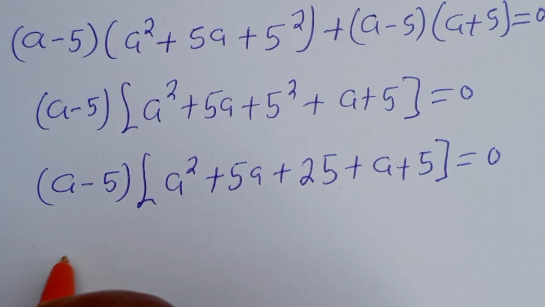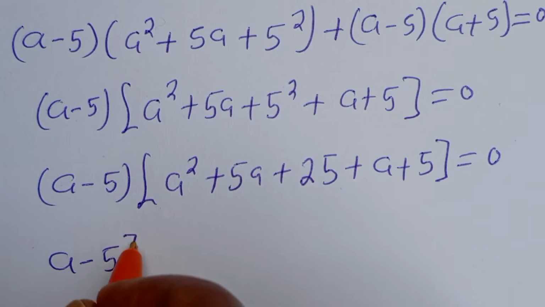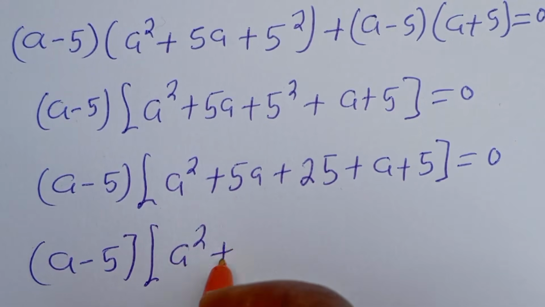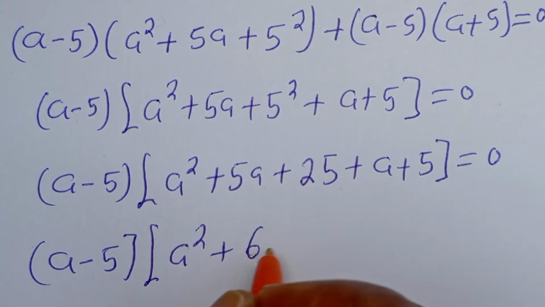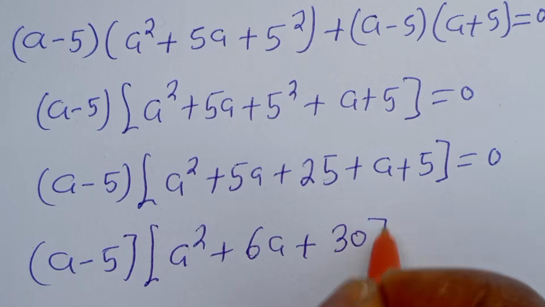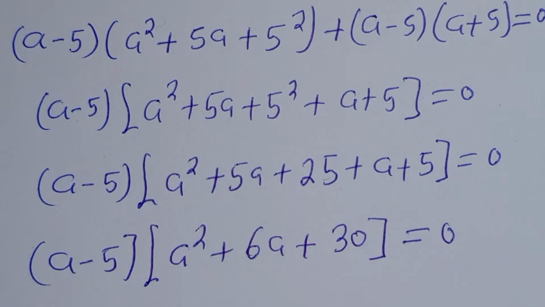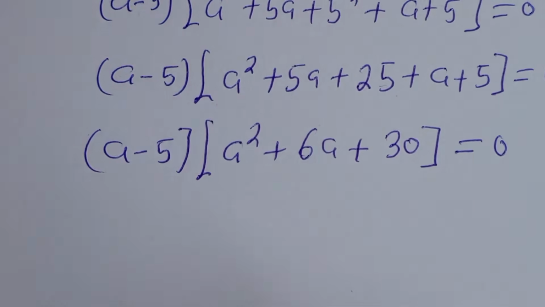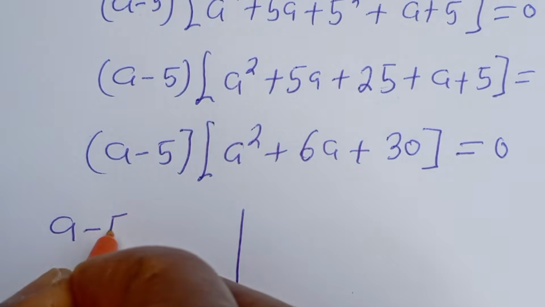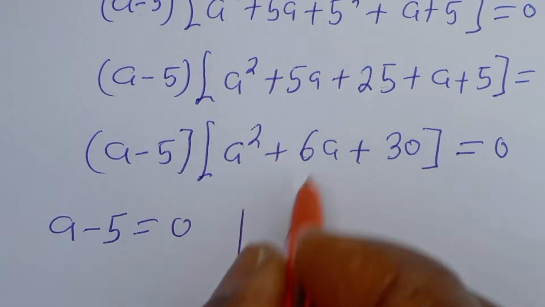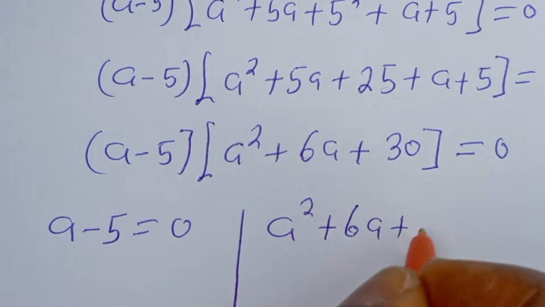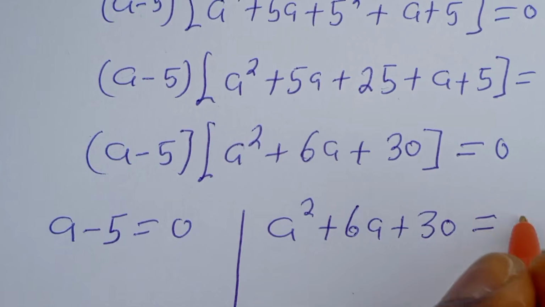We have a minus 5 bracket a square plus 5a plus a, that is 6a, plus 25 plus 5, that is 30, equal to 0. Now from here, there are two cases. The first case is a minus 5 is equal to 0, and the second case is a square plus 6a plus 30 is equal to 0.